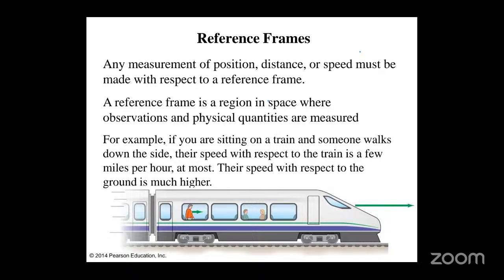You are seeing that person in the car with you not moving, but those outside the car will see that person moving as the car is moving. So that is what you need to know about reference frames, because this is happening because you are not in the same reference frame with the person outside the vehicle.